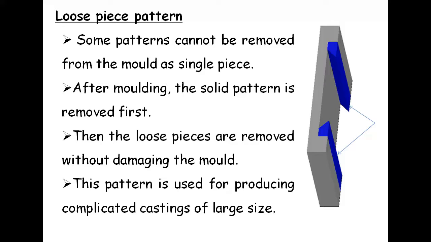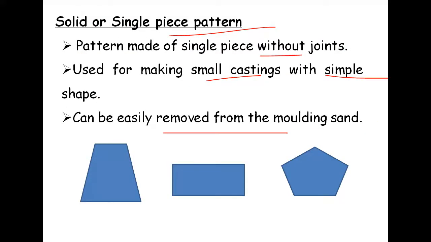Loose piece pattern. This is the pattern, and this is the loose piece, an additional support. Some patterns cannot be removed from the mold as a single piece. For a simple shape, it is easy to remove. But for a slightly complicated shape, you have to place the pattern and ram it tightly packed with molding sand, and it is not easy.